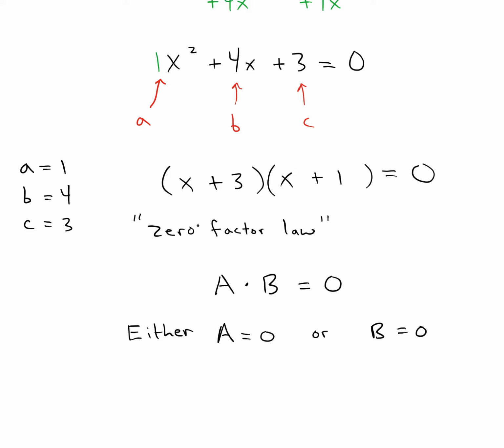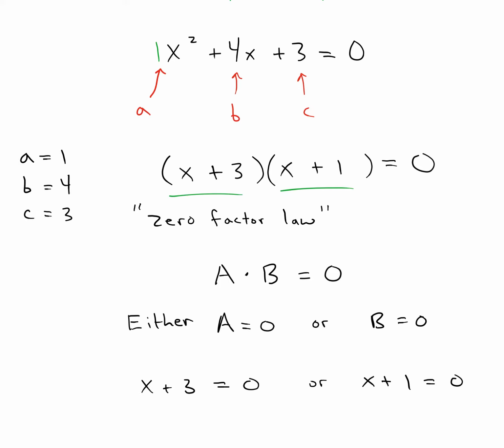So to apply this to our problem, we'll say that either x plus 3 equals 0 or x plus 1 equals 0. One of these things must be 0, either this one or that one, or both. Now we'd want to solve those equations independently here and see what solutions we get.